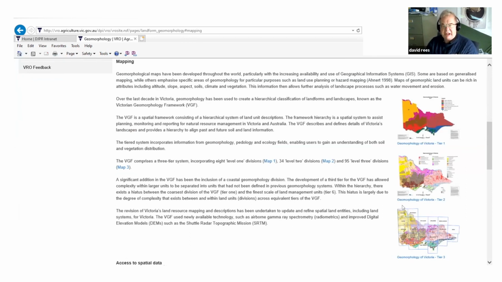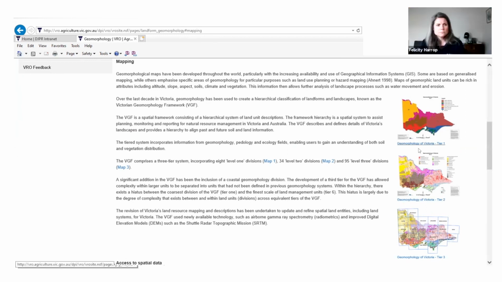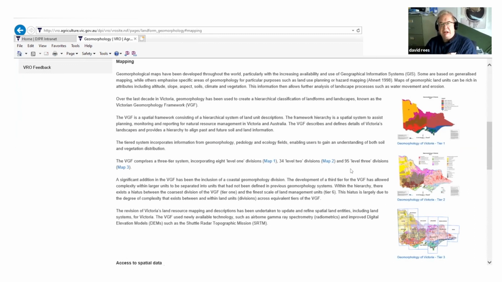The reason that's important for context is that you've got similar processes acting. For example, in that yellowy area on the right there, the Northwest Plains, that would link in with a lot of what Brian's talking about, in that you've got the dune systems and so forth.